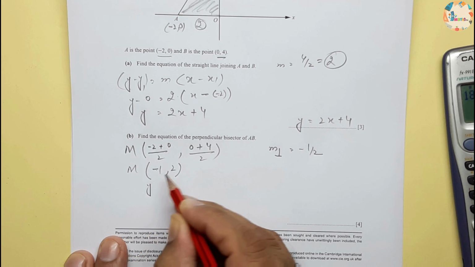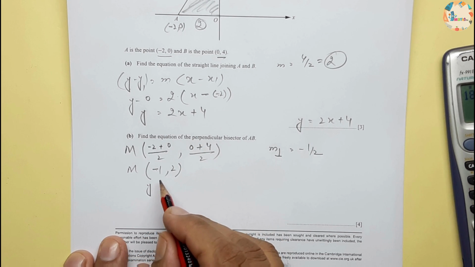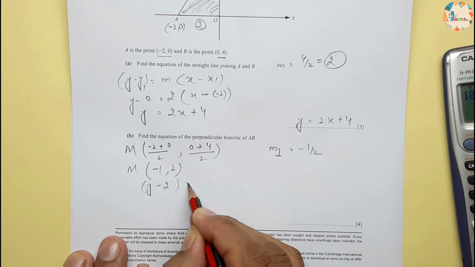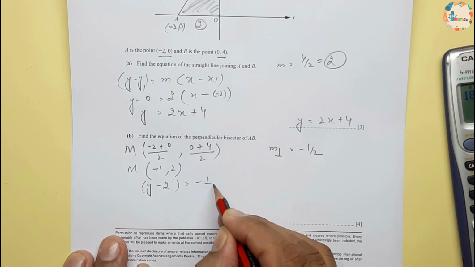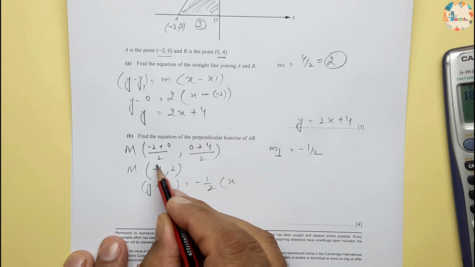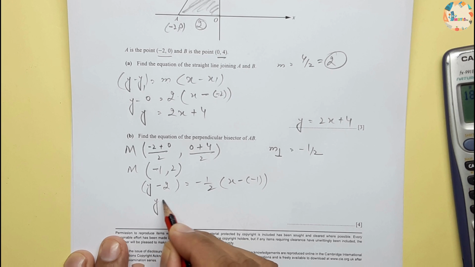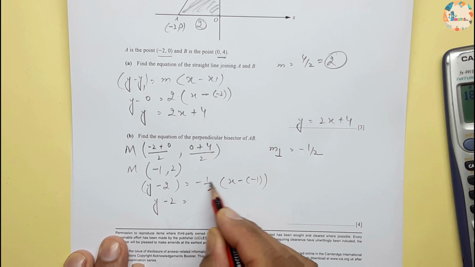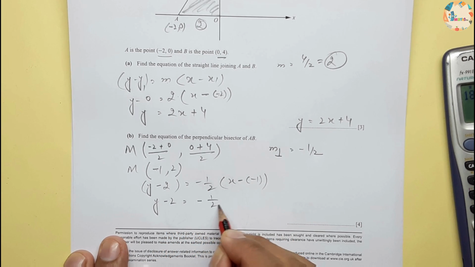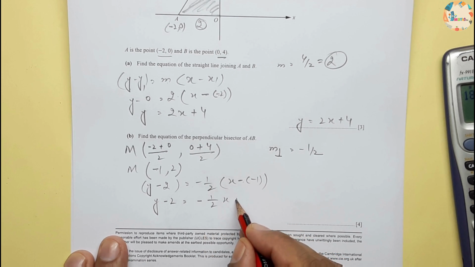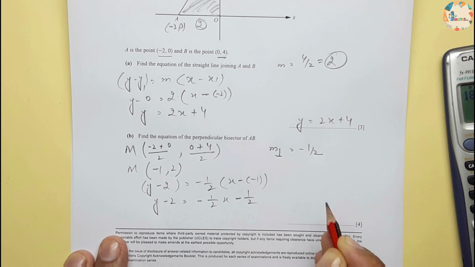Now we can use the same formula which we used in the last part. So y minus y1, which is 2, is equal to the gradient, which is minus 1 by 2, into x minus x1, which is minus 1. So y minus 2 is equal to minus 1 by 2 x, and this will be plus 1, so it is multiplied by minus 1 by 2, so it will be minus 1 by 2.